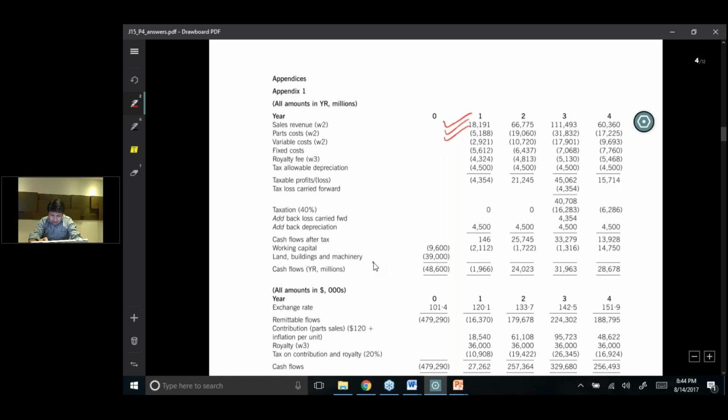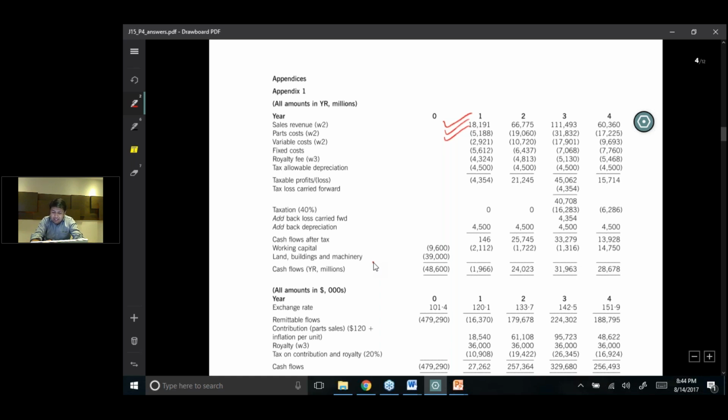Add back the depreciation, as cash flow after tax is required. Cash flow after tax is being calculated here. Working capital change is very simple. Working capital of 9600 is given. Just inflate the working capital with the inflation of YR, and then take its difference, its change.